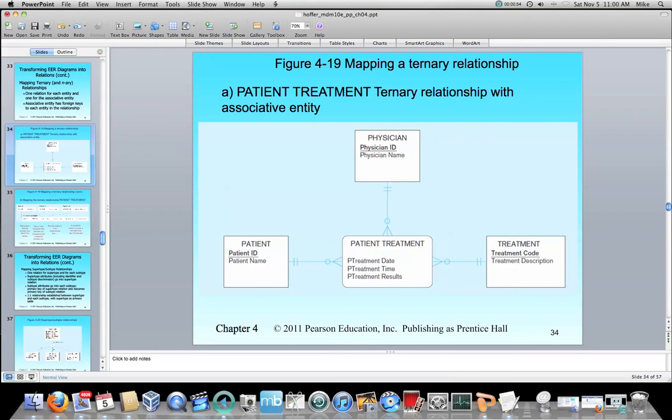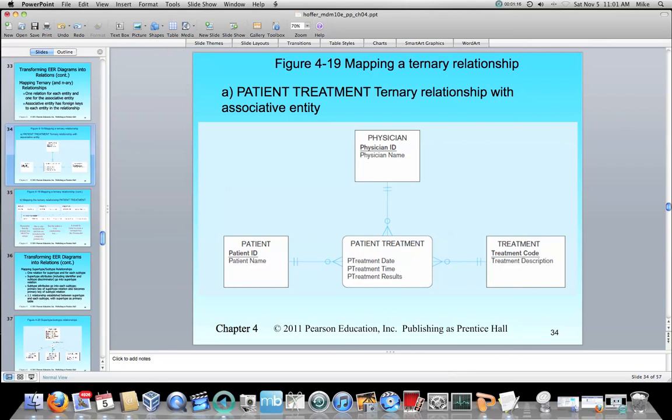Here we've got patient, physician, and treatment. The initial relationship back in the enterprise ER model probably just showed one relationship line between the three of these, saying that there's a many-to-many amongst all of them.